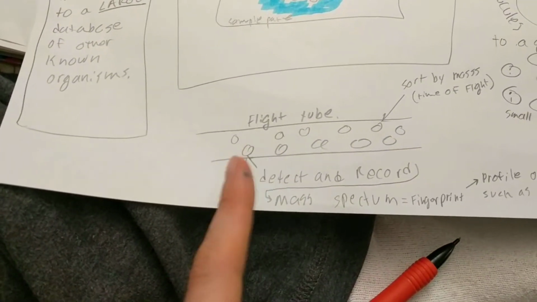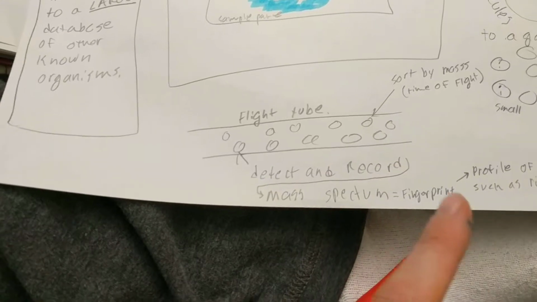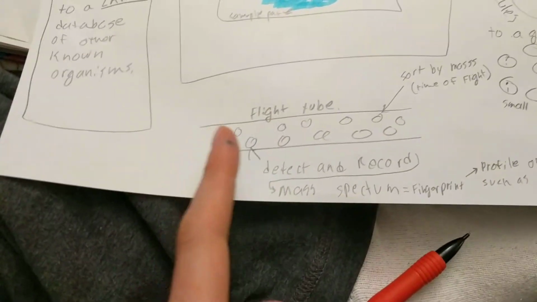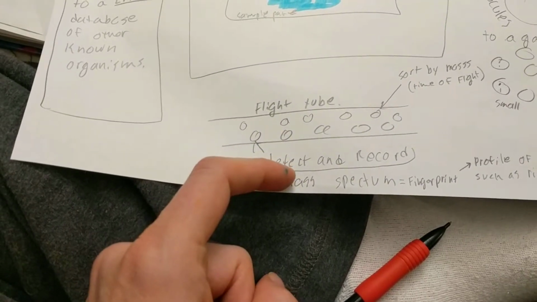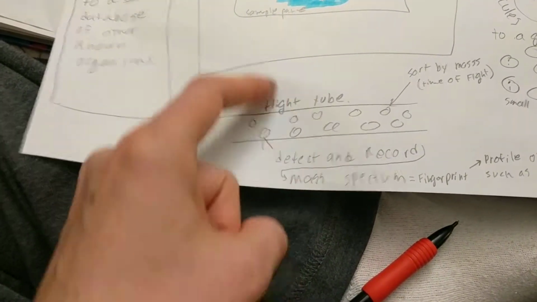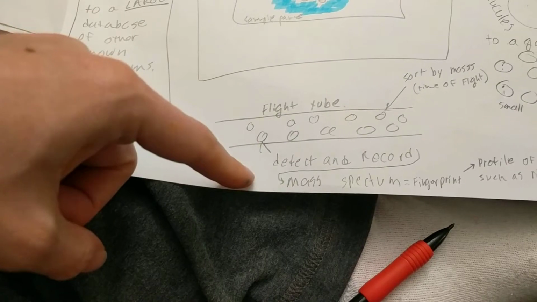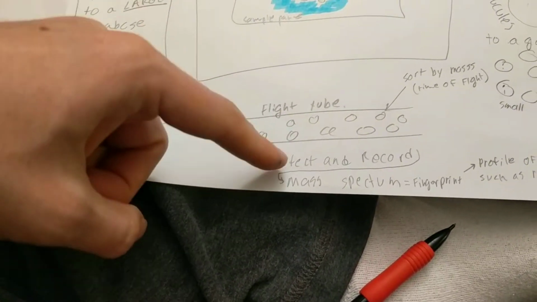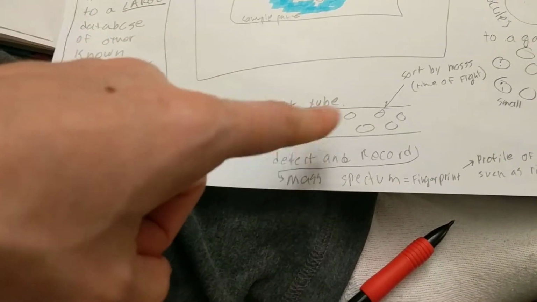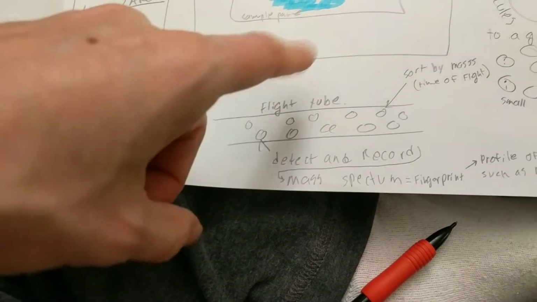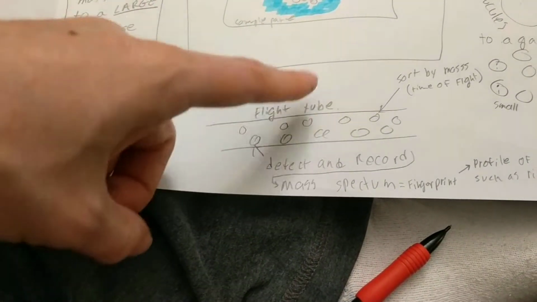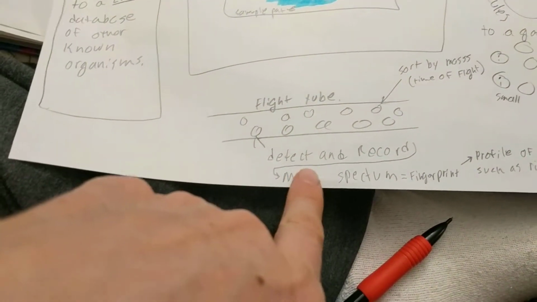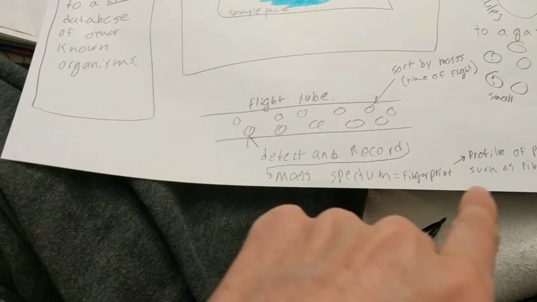And what happens is it generates a pattern of peaks. So it's going to record it, and there's going to be some that are smaller, some that are bigger. The smaller ones are faster, the bigger ones are slower, and it's going to record all of that data, and there's going to be a pattern. So there's going to be peaks in there, and that's what's called a mass spectrum, okay?